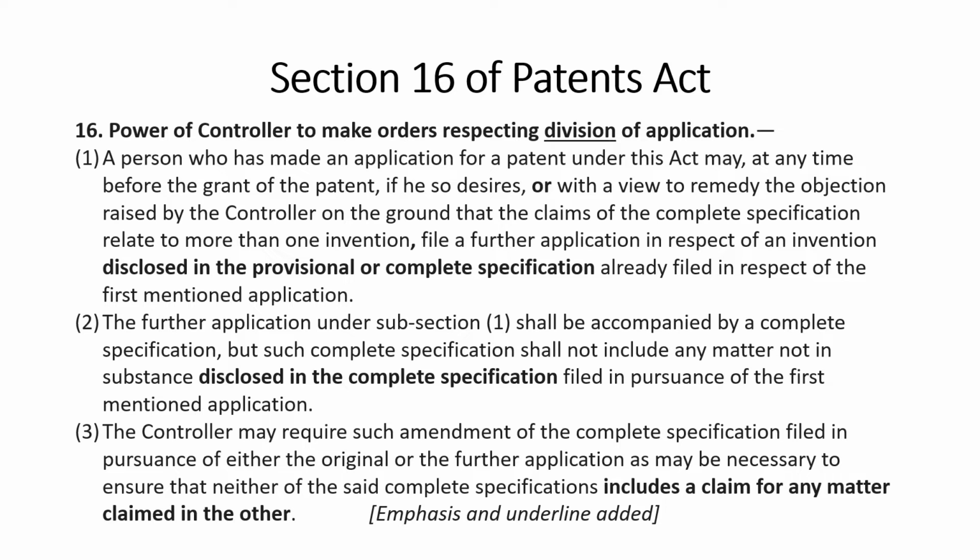And subsection 3 broadly provides that there should not be an overlap of claims in the parent application and the divisional application. So the claims of the divisional application should relate to a different invention as compared to the claims of the parent application. This is how the courts and IPAB have interpreted subsection 3.